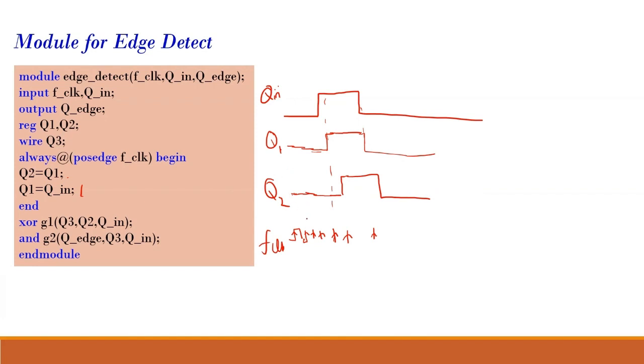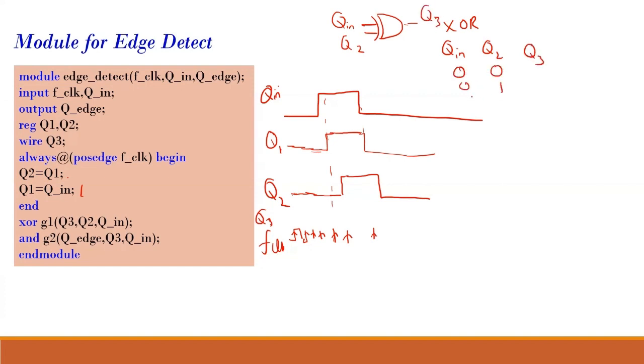Then Q3 is the XOR of Qn and Q2. What is the truth table for an XOR circuit? For Qn, Q2 giving Q3: 0,0 gives 0; 0,1 gives 1; 1,0 gives 1; 1,1 gives 0. So the output is 0 when both are the same, and 1 when they are opposite.